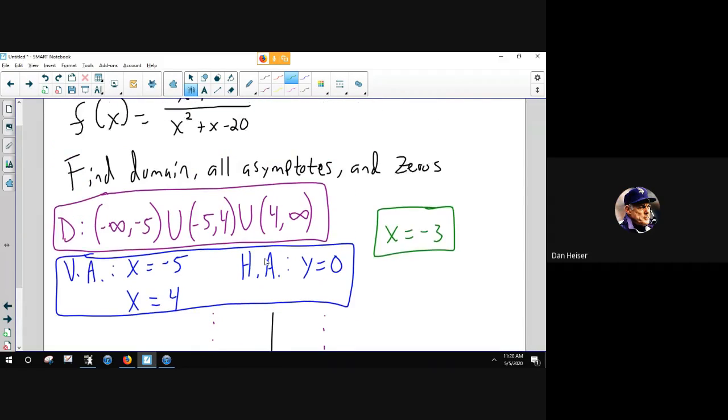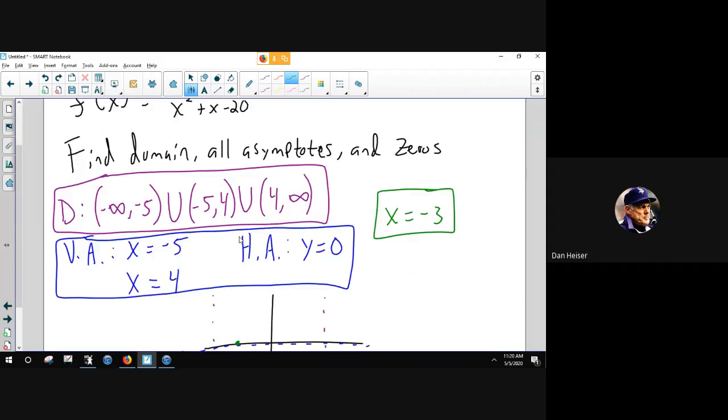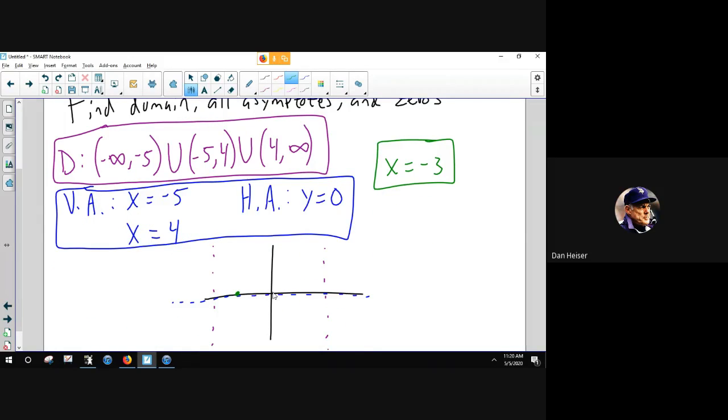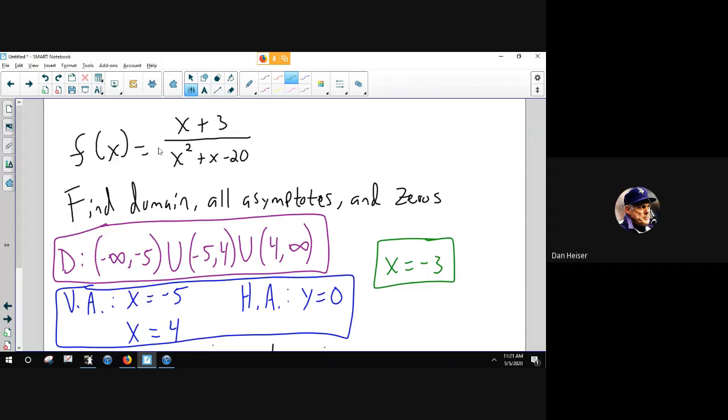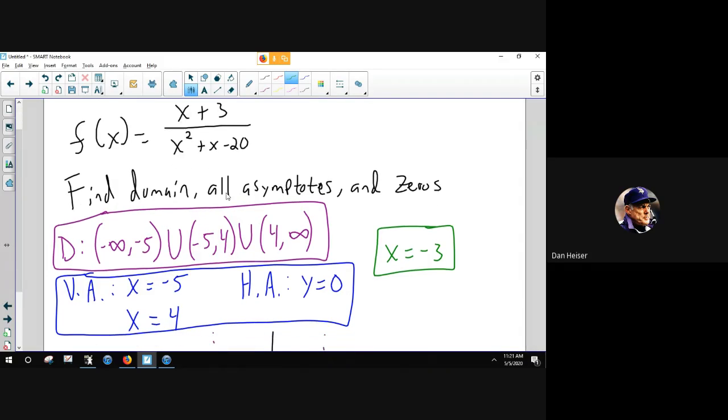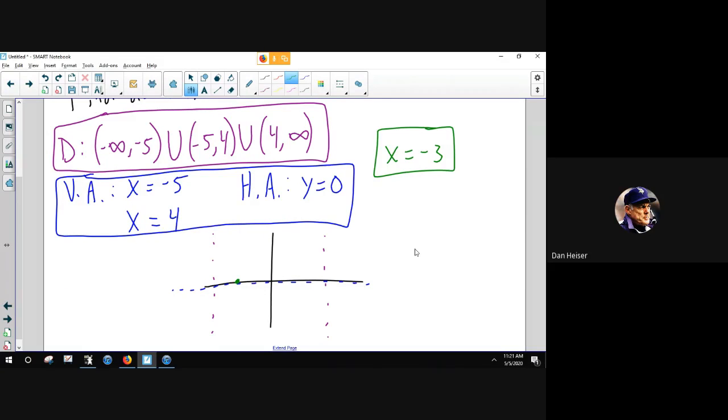So let's plot a few points. Let's pick what happens when x is 0. When x is 0, I get 3 over negative 20. So when x is 0, y is negative 3/20. So that tells me it's going to be a downward trend. So one guess is sort of like this.